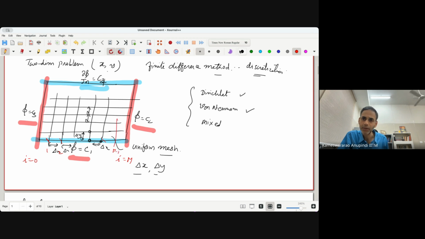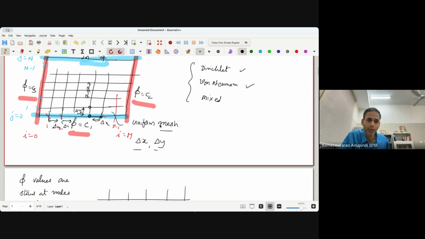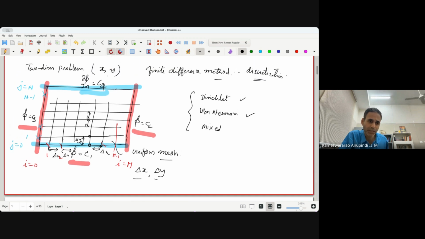Similarly, we have j equals 0 and j equals n, and we have j equals 1 all the way to n minus 1. So these are the boundary points. We have been specified the values of the dependent variable on these points.